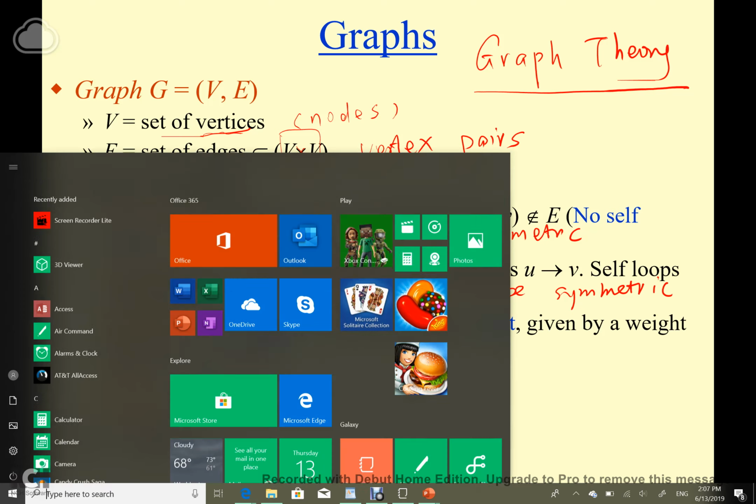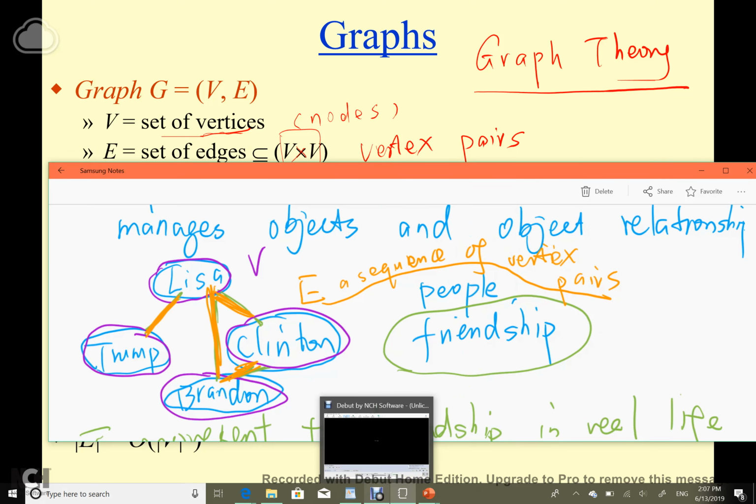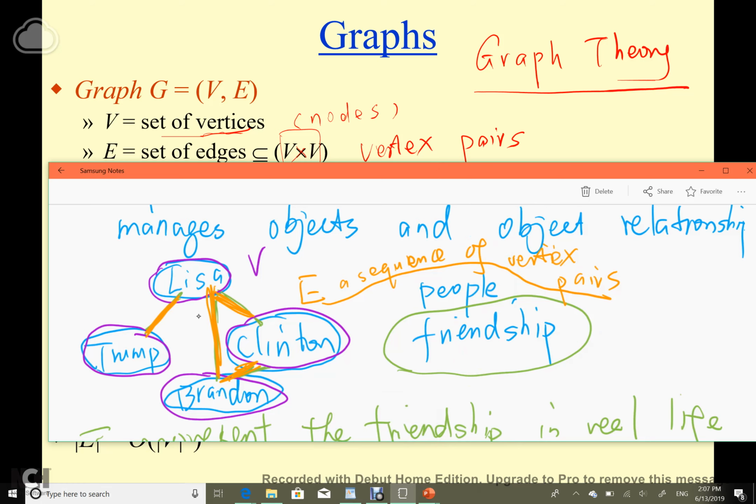Let me give you an example. It could be the friendship of different persons, how close they are, or the distance between houses. Sometimes we have to remember the edge weight, and we use it to represent different information.